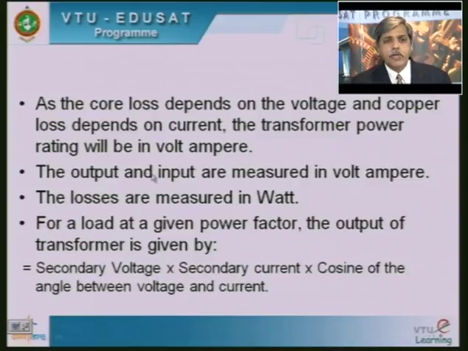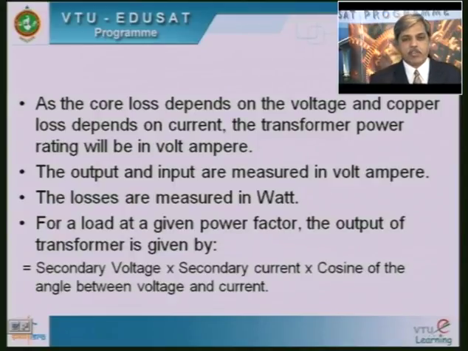The output and input are measured in volt amperes for a transformer. The losses are measured in watts. Therefore, in the expression for power, the input should always be in terms of watts. I can't substitute volt amperes there.